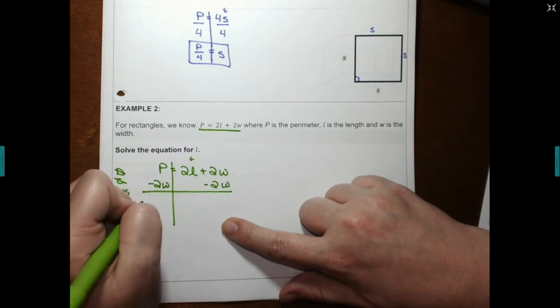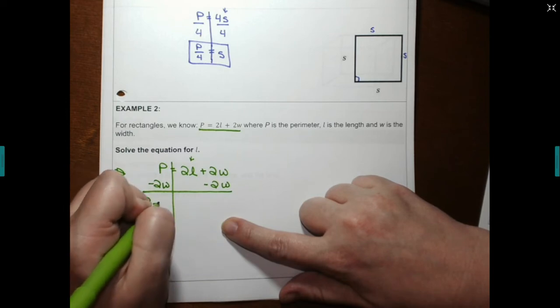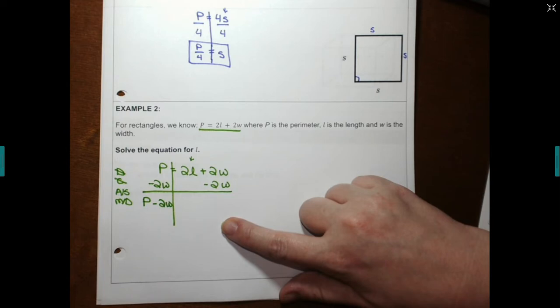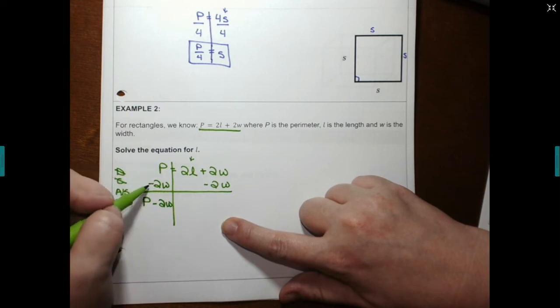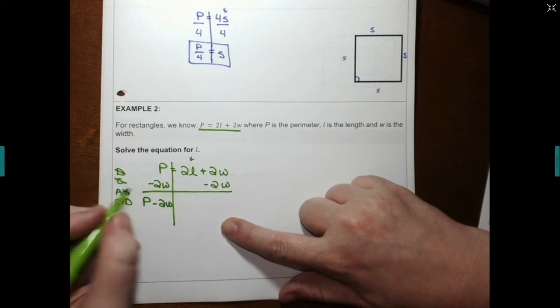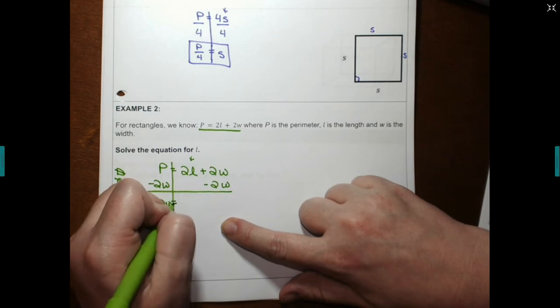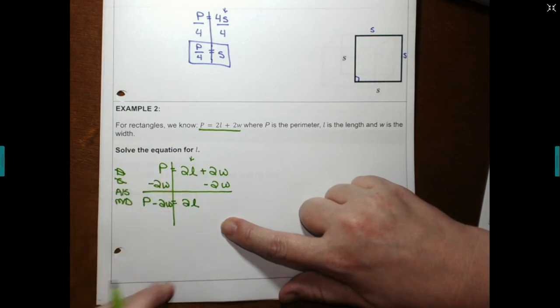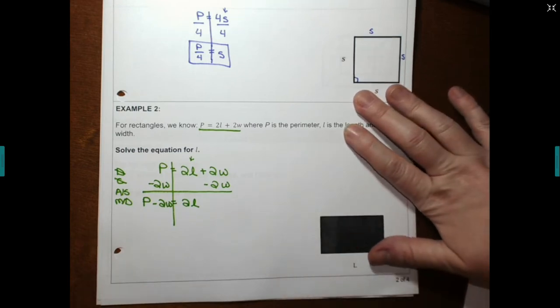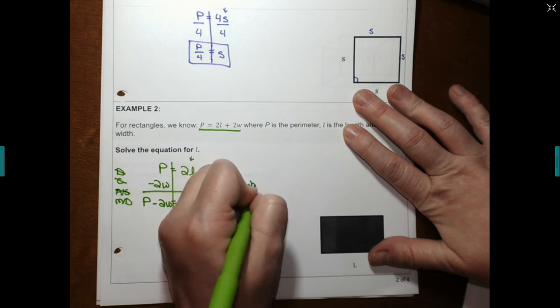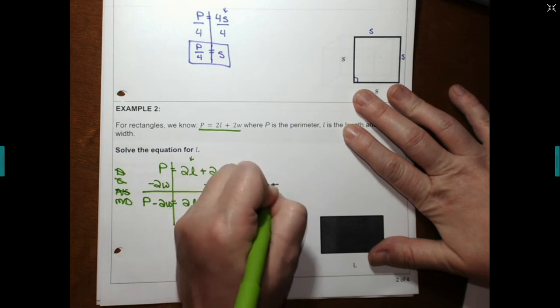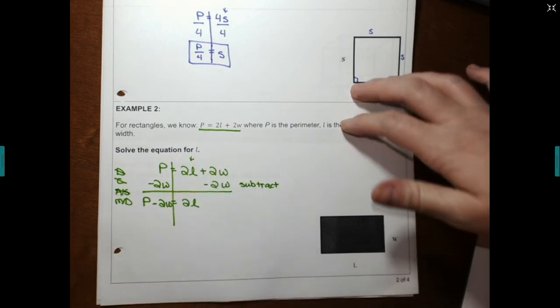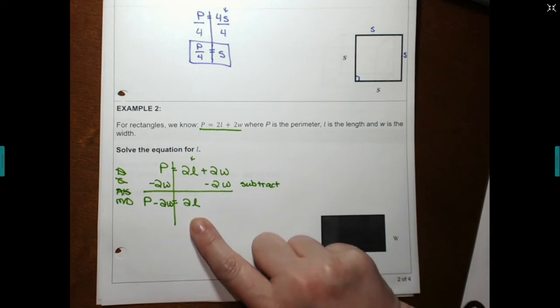So we have P minus 2W. We had P and we subtracted 2W. Those are not like terms, we cannot combine them. Equals 2L. So we subtracted from both sides, but I still have 2L.